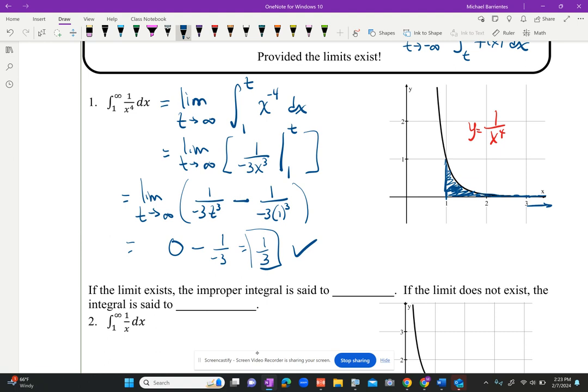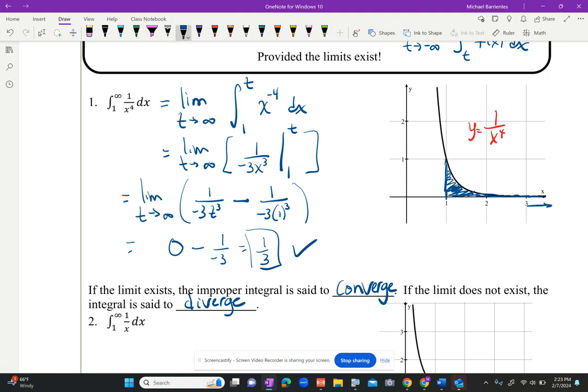So adding all of the area between the curve 1 over x to the fourth and the x-axis, starting at 1 and going all the way forever to the right, does yield an area of exactly 1/3. It works. If this limit exists, then we say that the improper integral converges. If the limit doesn't exist, then we say that the improper integral diverges.